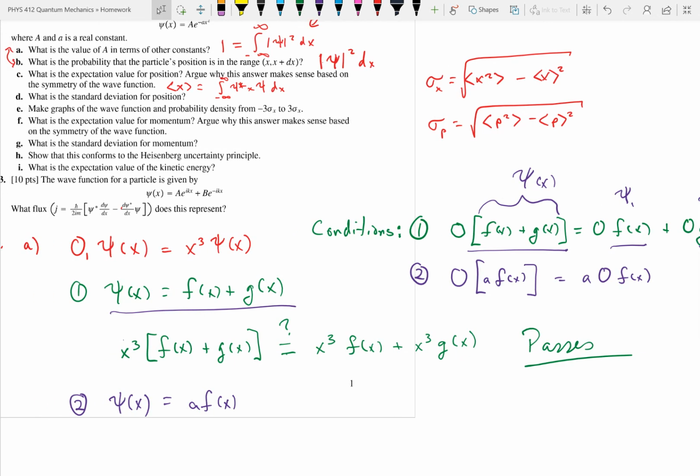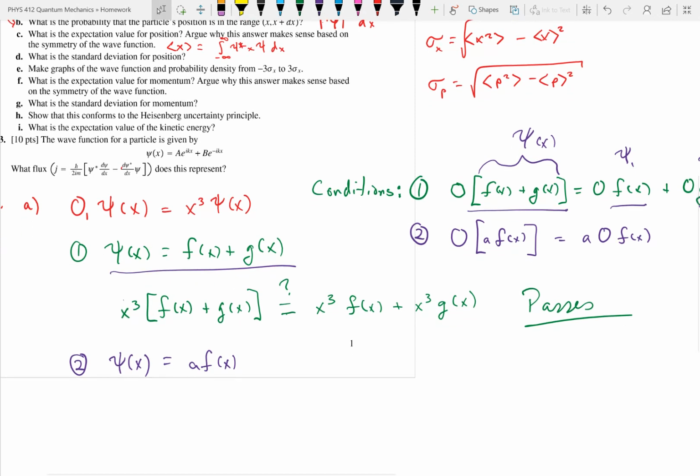So then for the second one, we have a psi of x. For the left-hand side, psi is a f of x. So then we have x cubed a psi of x, or f of x.